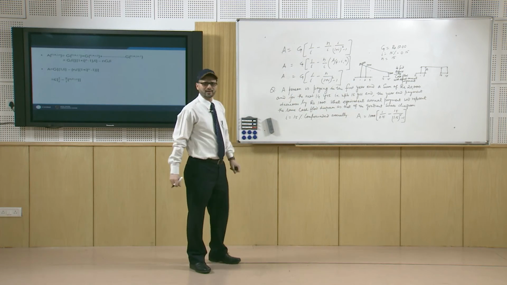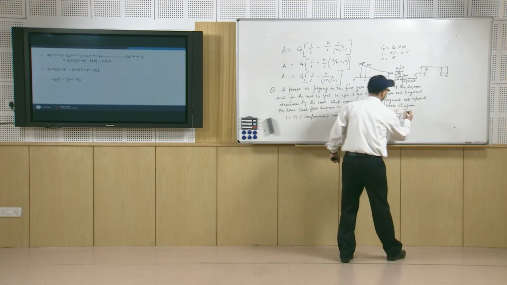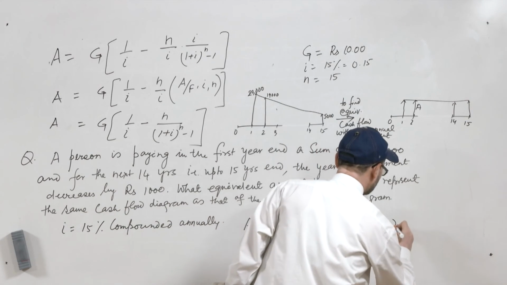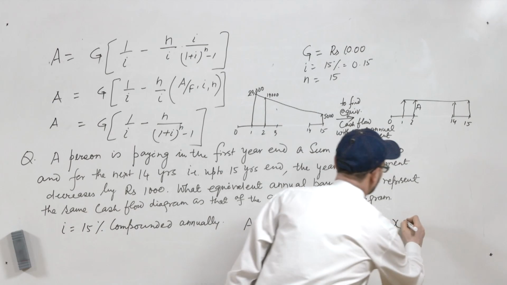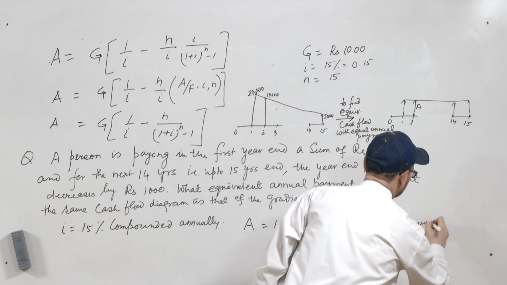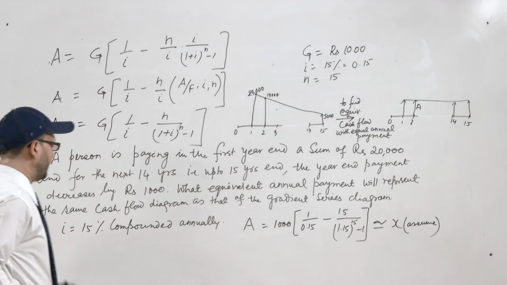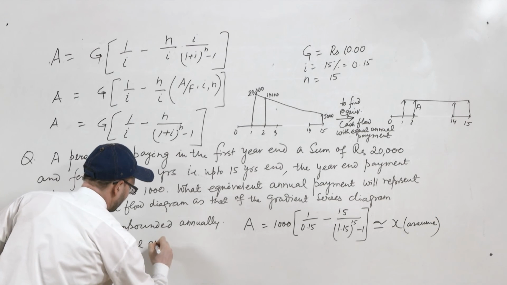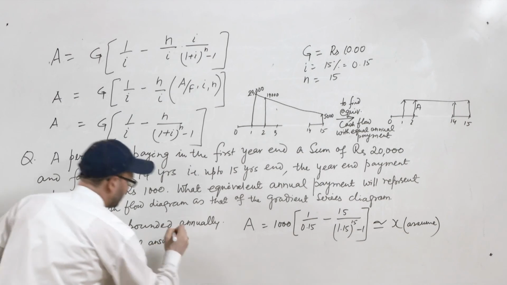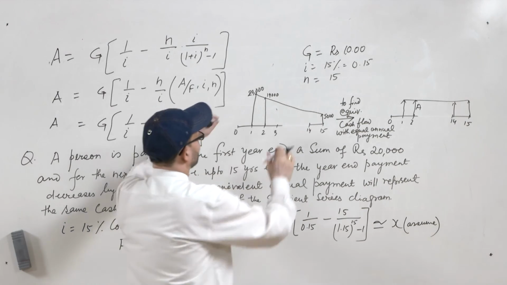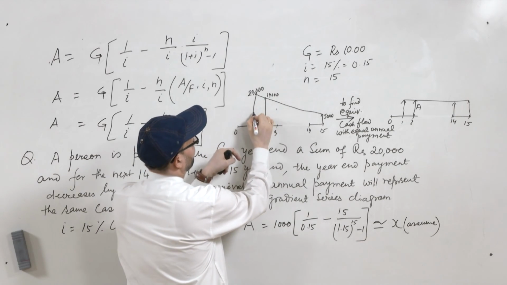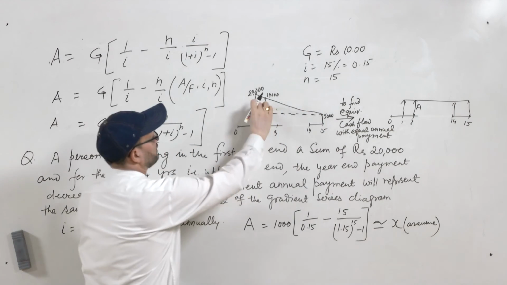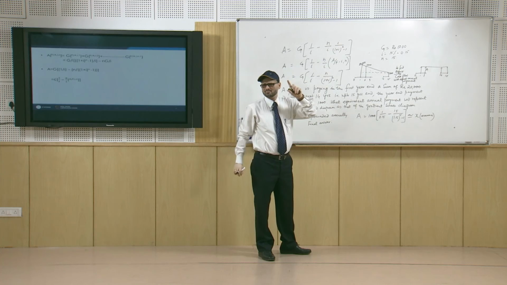Whatever comes here, suppose it comes as x, then your final answer is, because this is the equivalent to this gradient series, this gradient series is x.